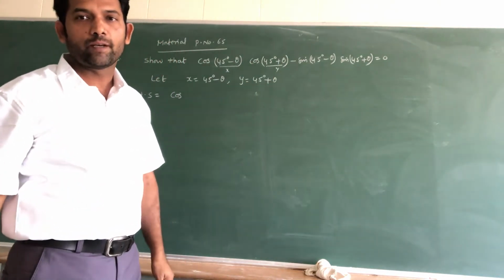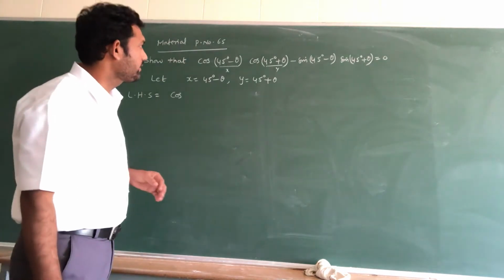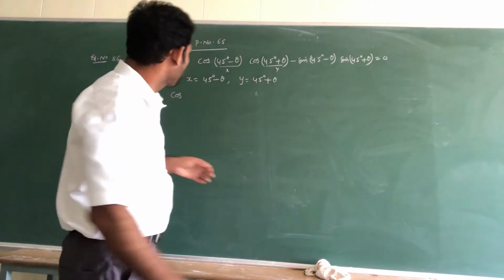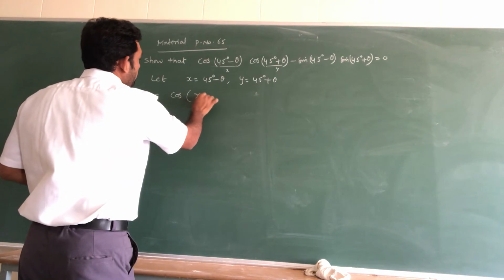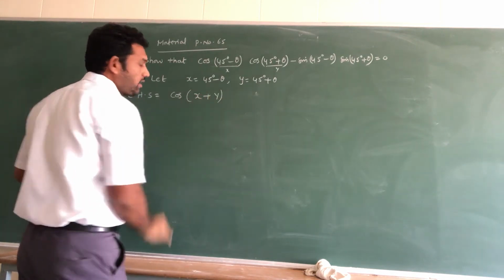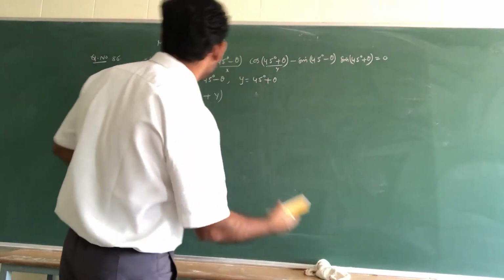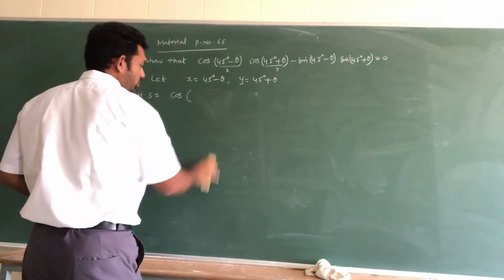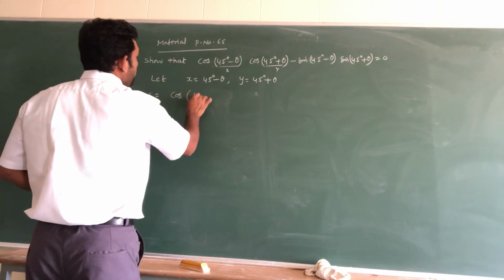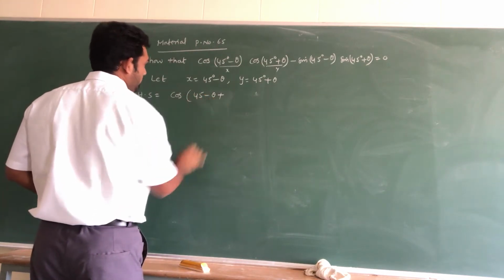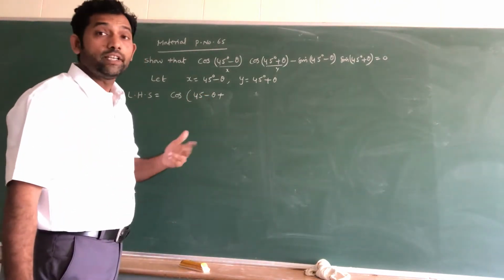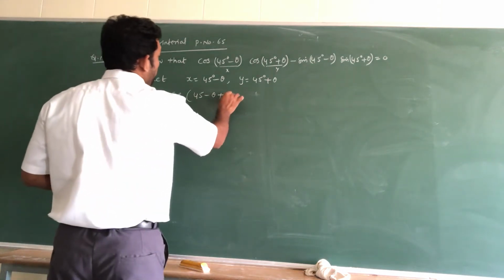So what is our formula? cos x cos y minus sin x sin y is cos of (x plus y). Right? So what is x here? x is 45 minus theta and y is 45 plus theta.